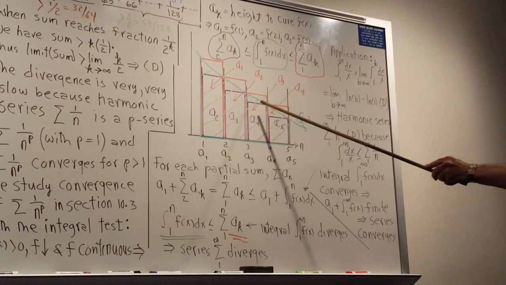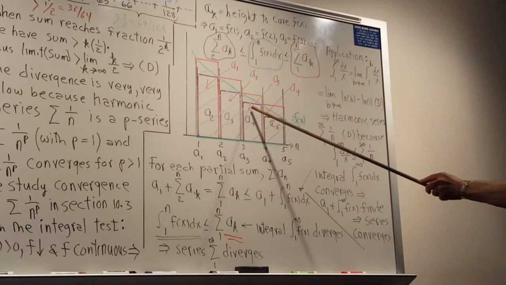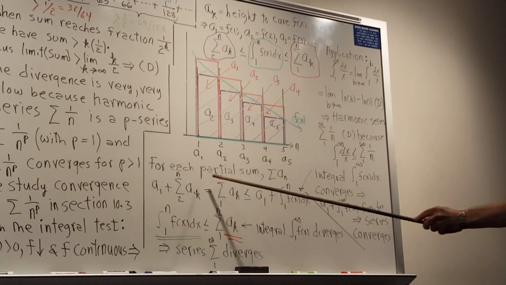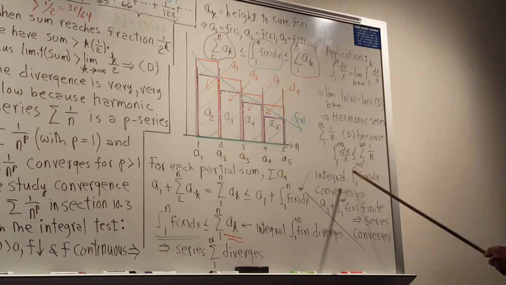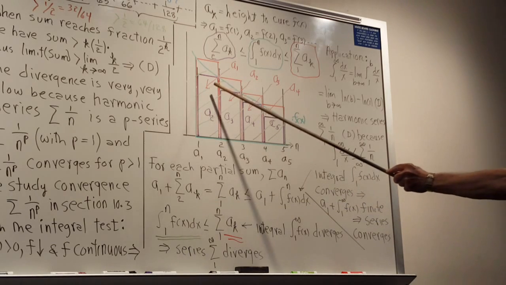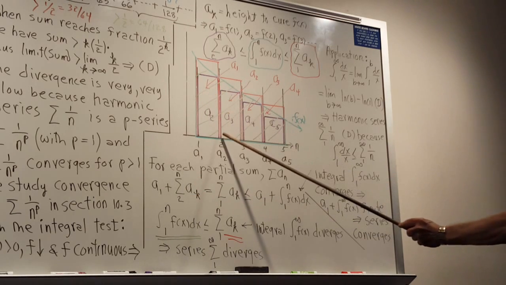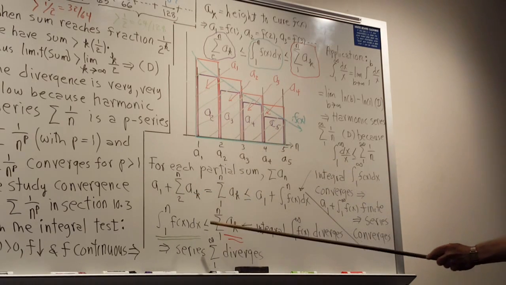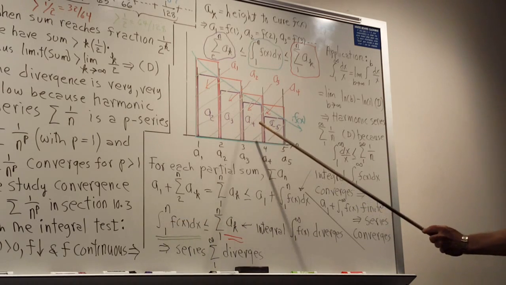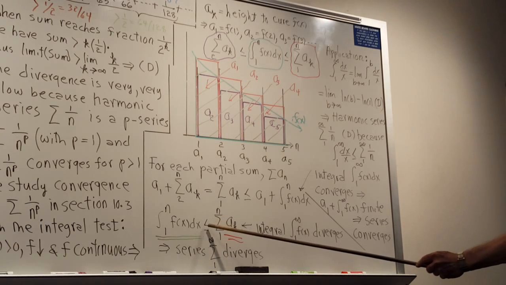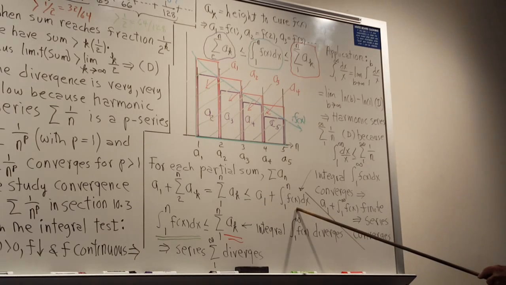On the other hand, if the green area is finite, it's more than the purple area. And so what you would have then is that the first term plus the purple area, which is A2, A3, A4, is then less than or equal to the first term plus the integral.